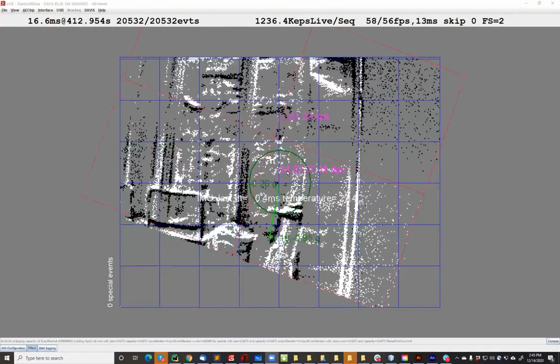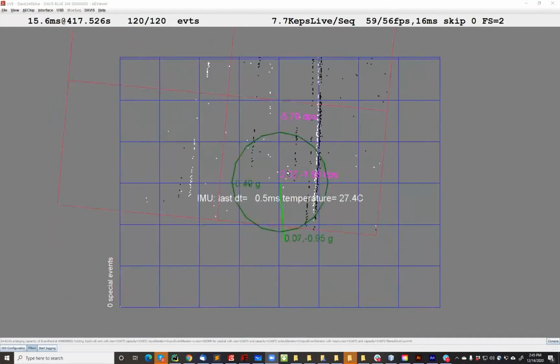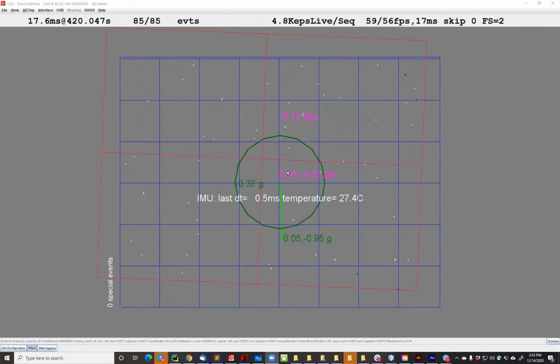And now we can take that transform, which is just a rotation plus a translation. We can multiply the XY address of the pixel times the rotation matrix and add the translation to bring the event back to where it started, back to some arbitrary starting point. And we're just doing that event by event. You can read about it in a paper if you like.